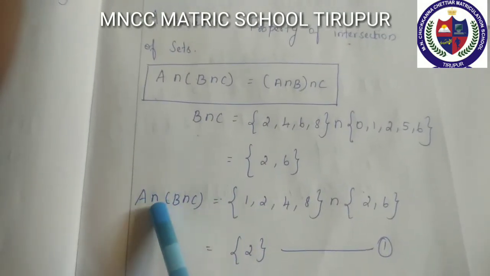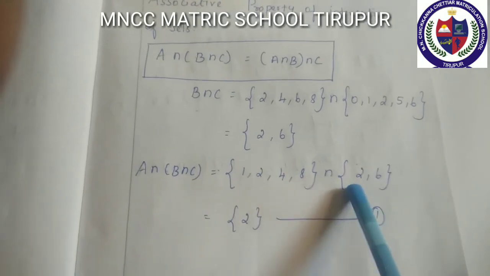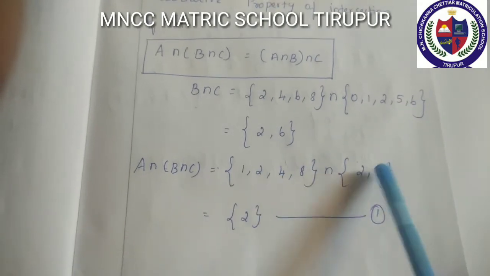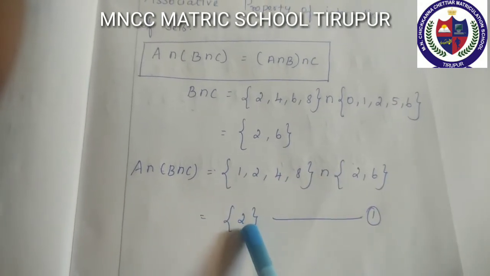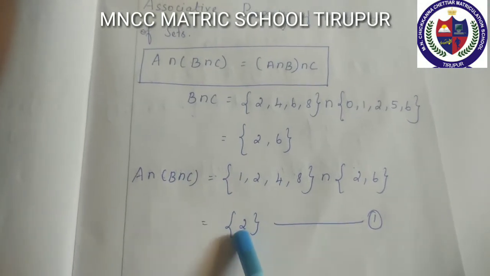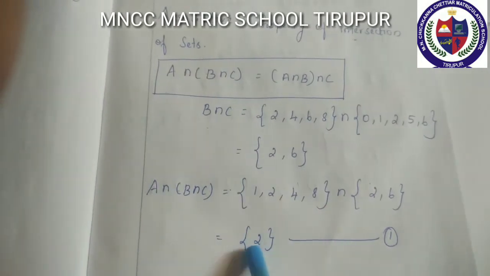Next A intersection (B intersection C): the value of A intersection the value of B intersection C. The common element is only 2. So the set {2}. Equation number 1. Hence the left hand side is over.